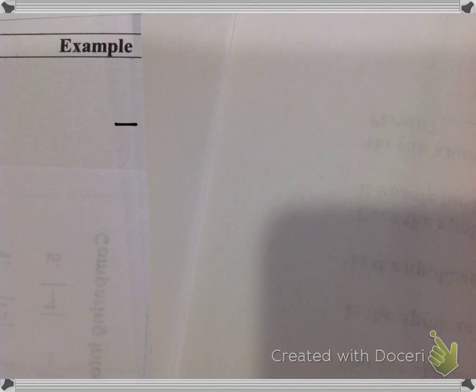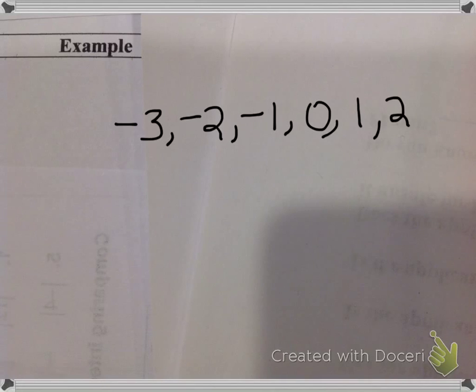Okay, we could start with -3, -2, -1, 0, 1, 2, 3, and I could go on and on and on in either direction with this. So I'm going to put these 3 little dots showing that I could keep going in the negative direction and I could keep going in the positive direction. Okay, so we have all the negatives, all the whole numbers, and 0 are included in integers. Okay, make sure that you have that all written down under your example for integer.